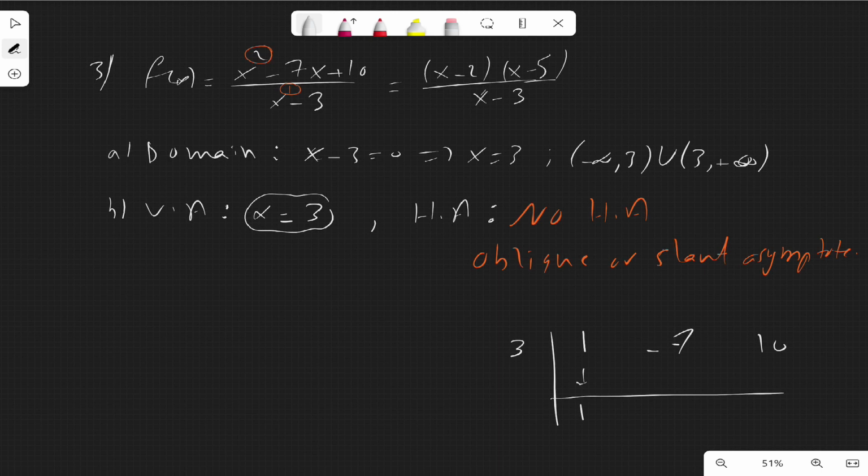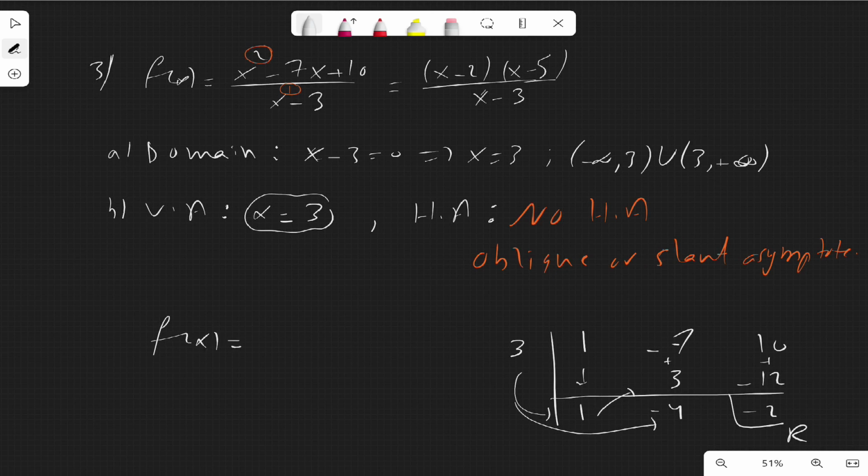One is the same down, multiply, add them, we're gonna get negative 4. 3 times negative 4 is negative 12, add them, we're gonna get negative 2, and this is the remainder.